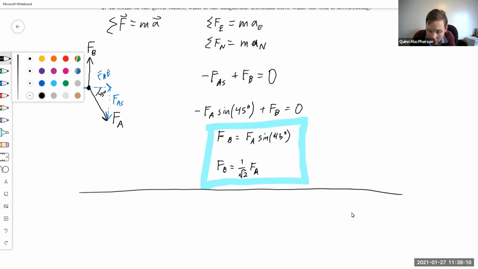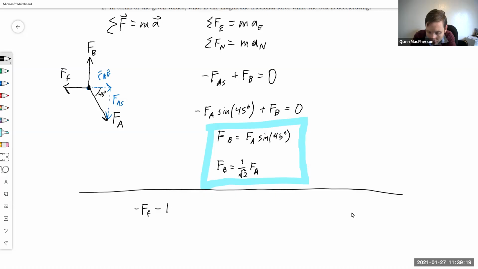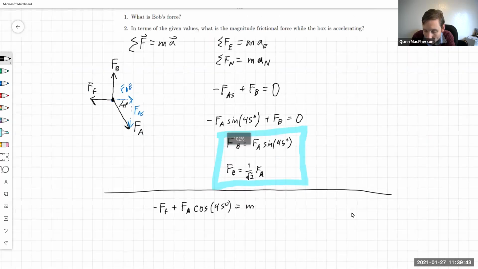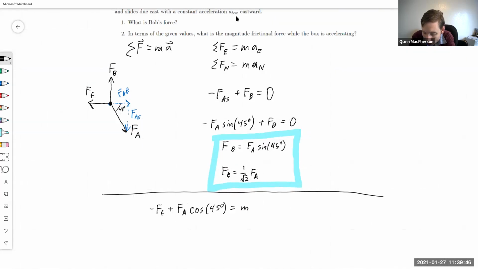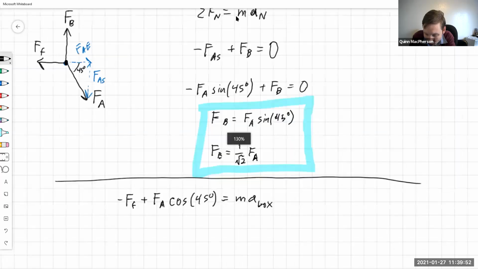So we have minus force friction, minus force Alice cosine of 45 degrees, plus force Alice cosine of 45 degrees because she's pushing in the positive east direction, is equal to m times a in the east direction. As we're told up here, the acceleration in the east direction is a box, the subscript box just denoting which acceleration it is.